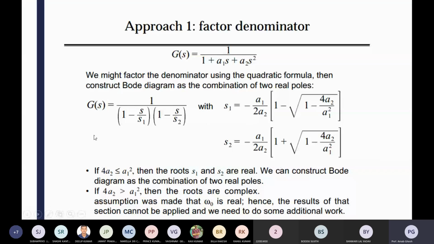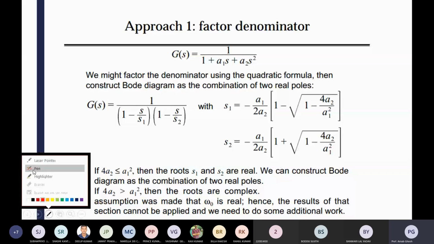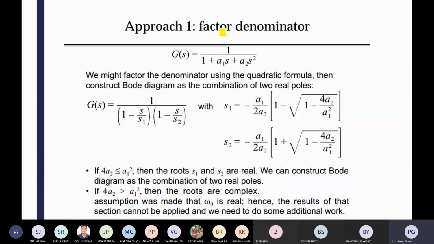Okay, so in approach one we have to see our denominator. What are the most important factors of the denominator? It is the quadratic form of equation, so now you have to find the roots, construct the Bode diagram and combine the two real poles. Using the quadratic formula you get the values of S1 and S2.